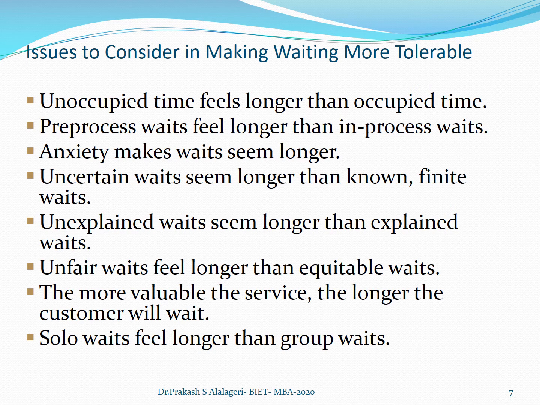So here the customers need to be informed how much time it really takes. Uncertain waits seem longer than known, finite waits, and unexplained waits seem longer than explained waits, right? When somebody explains how much time the entire process takes, I might be mentally prepared, and I feel that I've not been waiting that much.